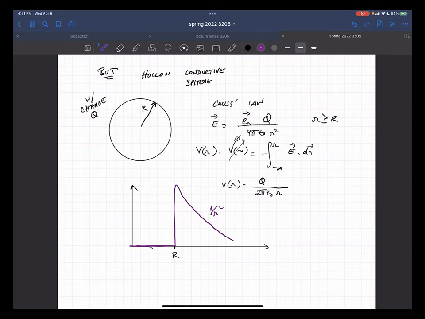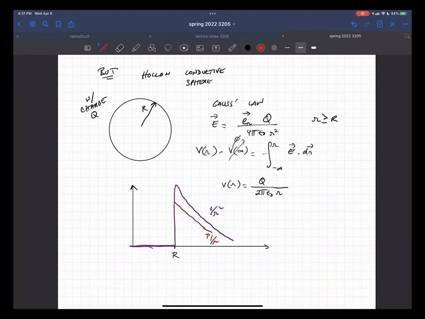And so looking at the potential now, outside the sphere, I'm going to plot them in the same plot, but obviously they'll have different units and so on. It would have a 1 over r component.